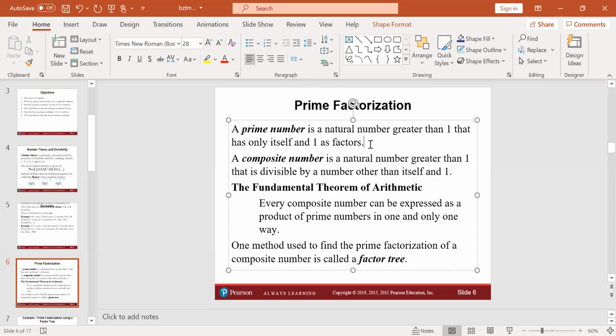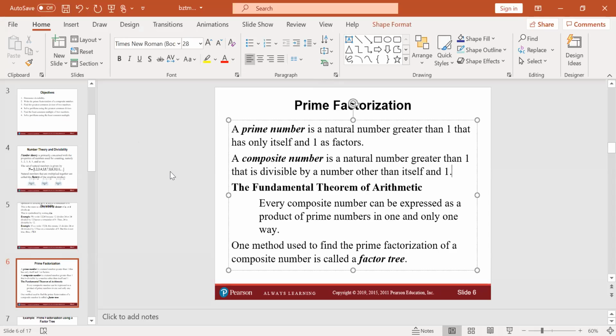So the prime numbers can only be divided by 1 and itself, or a prime number. A composite number then is anything that's not a prime number, but 1 is also not a composite number. The number 1 is neither prime nor composite. It's just weird.